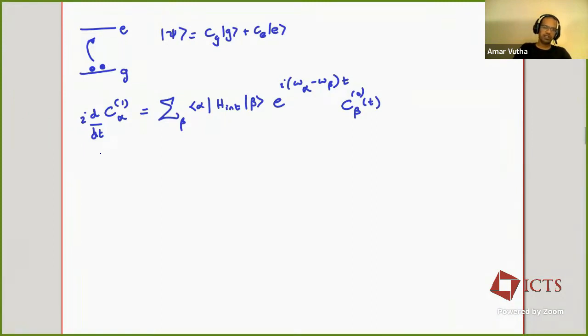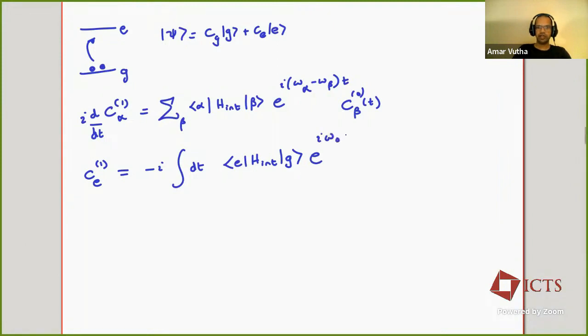And so if you clear away all the muck, what you'll find is that the amplitude to be in the excited state, to first order, is going to look like minus i, the integral of the matrix element between the excited state and the ground state of whatever your interaction Hamiltonian is, e^{i times the energy difference}, and that we've already called omega naught, times the coefficient for the ground state, but that's just c_g at zeroth order, which is just equal to 1.